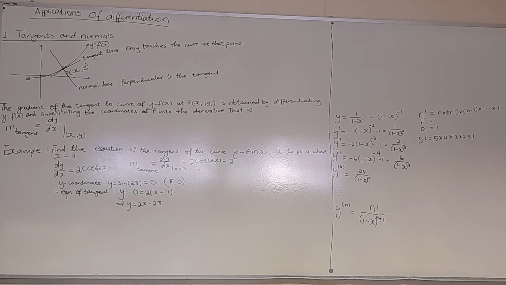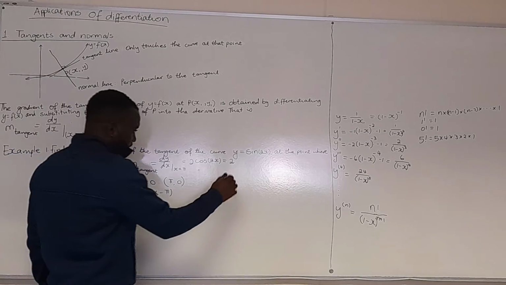So if you were to sketch this curve, you have sine of 2x. So it means that we have a half cycle here.